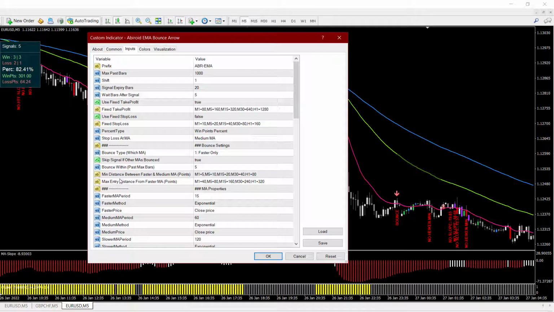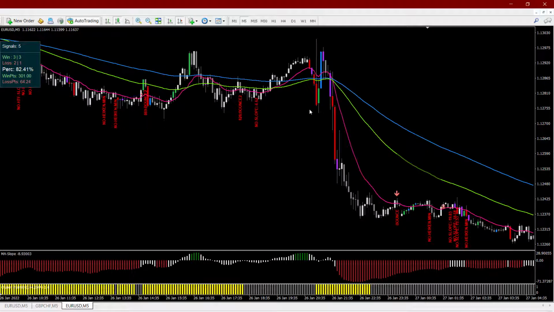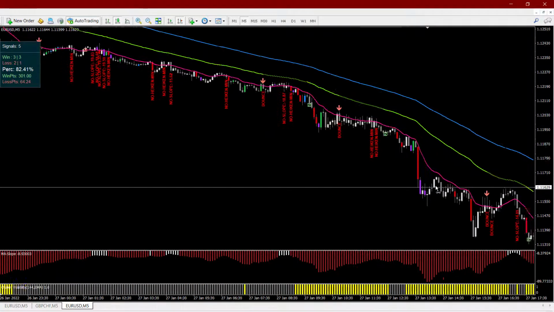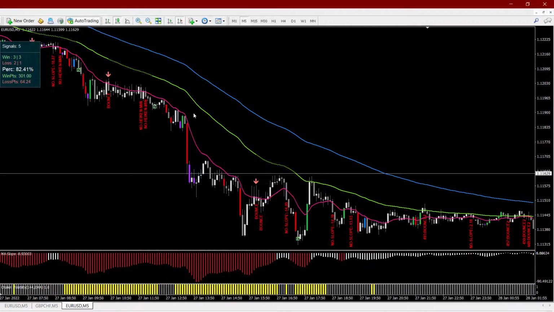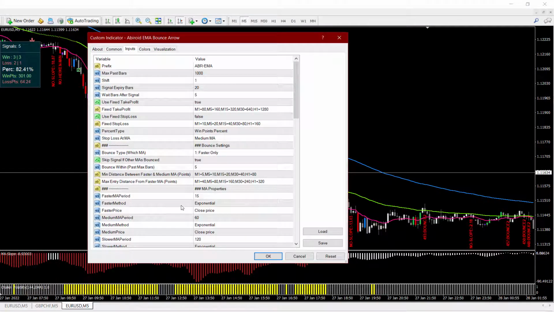Okay, and max entry distance. Sometimes after a signal occurs, if the bar is very strong, like if a bar is like this, then when an MA bounce happens, for example, suppose this particular thing was an MA bounce, then price has already moved too far from the moving average, which means that the price won't be able to go too far from this particular entry point, which is why we can set the max distance from faster MA and the entry point.